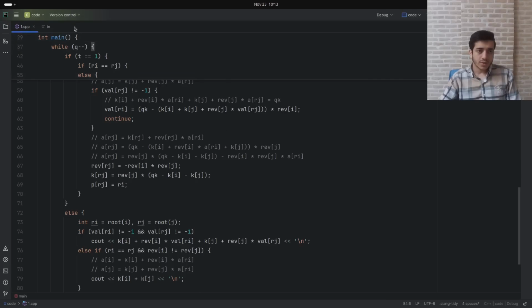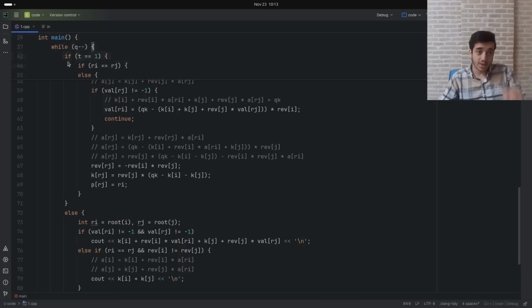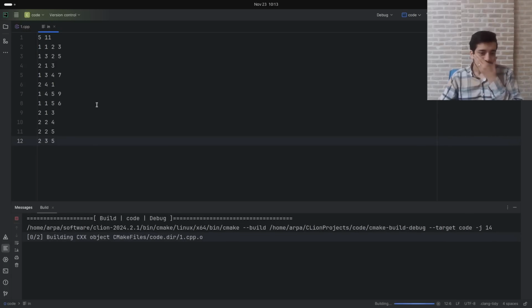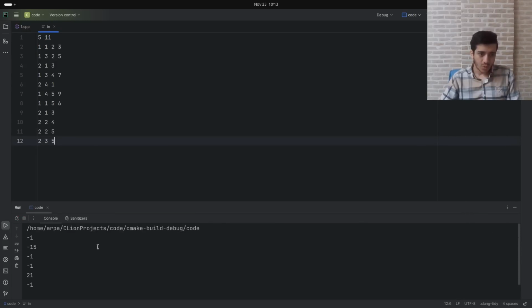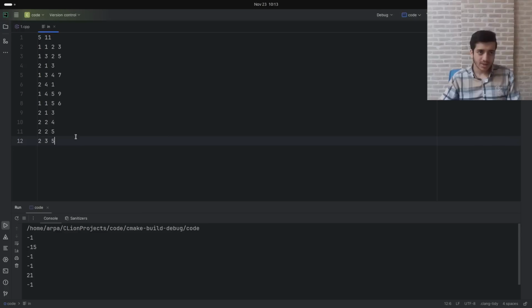Let's start with some. Hope it works. Debugging this code is not going to be an easy task. People, pray. Oh, it's printing all negative things.